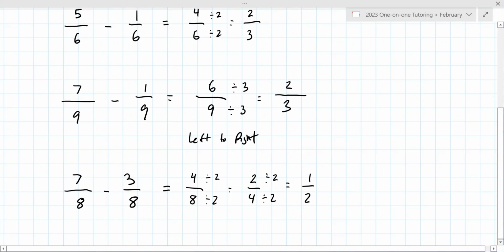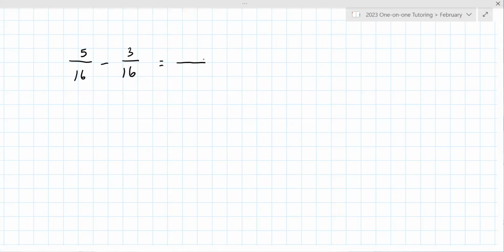Let's look at another one here. 5/16 minus 3/16. So 2 over 16.